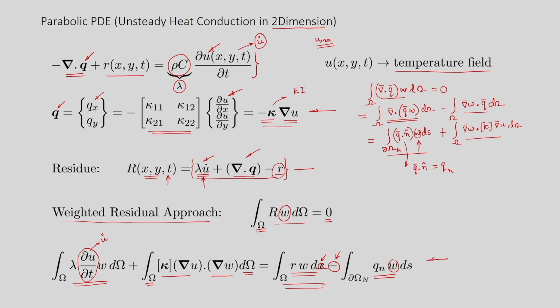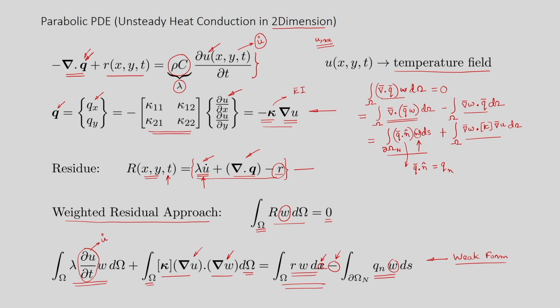So, this is basically the weak form, because initially we had del dot q and q contains gradient of u. So, we had second derivative of u. In this case we have only gradient of u and gradient of w. So, the continuity requirement has decreased.